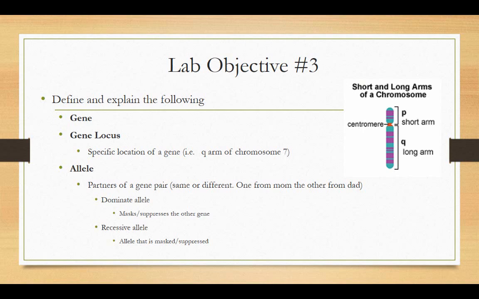So if your dad's eyes are brown and your mom's are blue, and your dad's is the dominant allele, your dad is going to suppress your mother's recessive gene, and the recessive allele is the allele that is being masked or suppressed. So a lot of times you have one that's going to be more dominant than the other one, and that dominant one is going to override the recessive one. Now that is not always the case, as we will see moving forward, but that's just real basic information there.